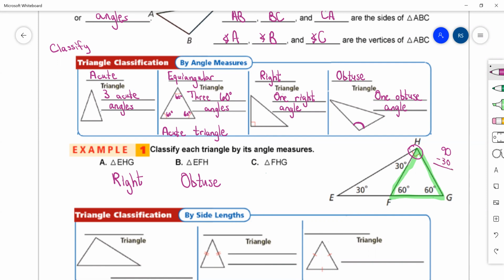So I need to do 90 minus 30 to get 60, which means this top angle up here is 60 degrees. So they're all 60, which means it is equiangular. But what did I say every equiangular triangle also was? Acute. So this is equiangular and acute.